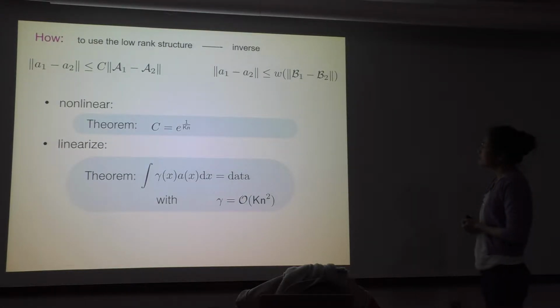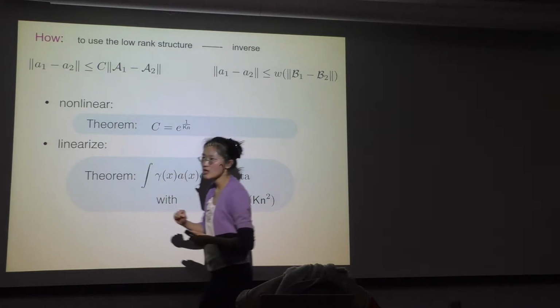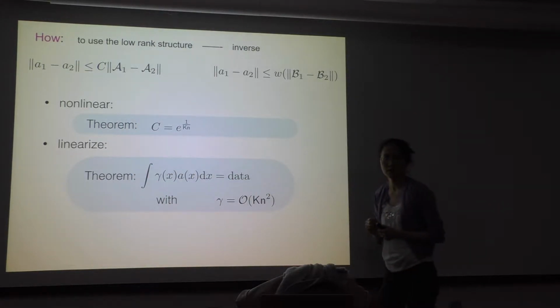In a nutshell, we got the following two theorems, depending on if you're in the nonlinear region or in the linear region. In the nonlinear region, we carefully traced the constant in front of the perturbation. This constant tells you by how much I'm enlarging the perturbation in my reconstruction.